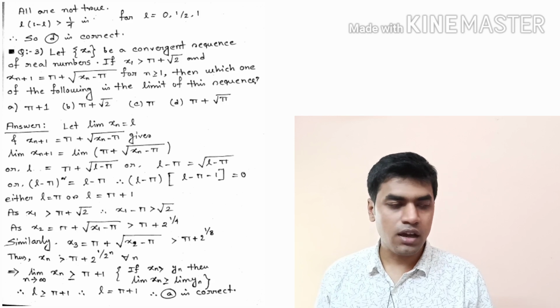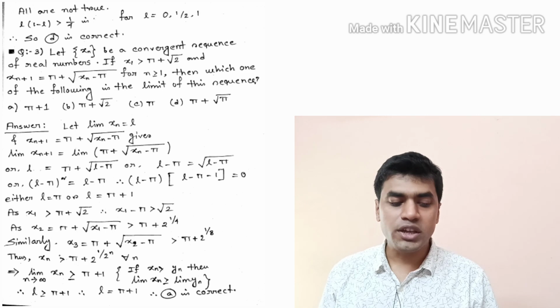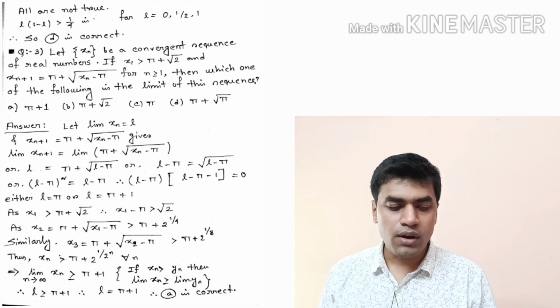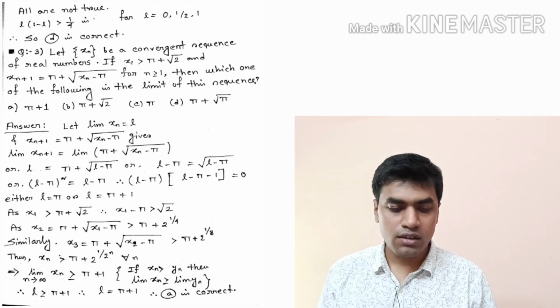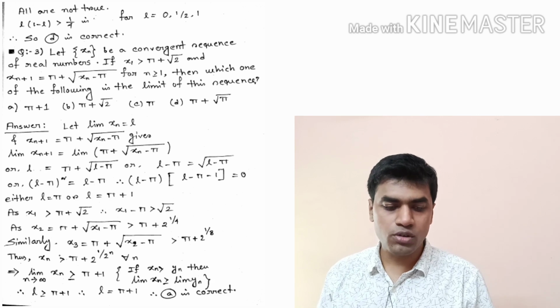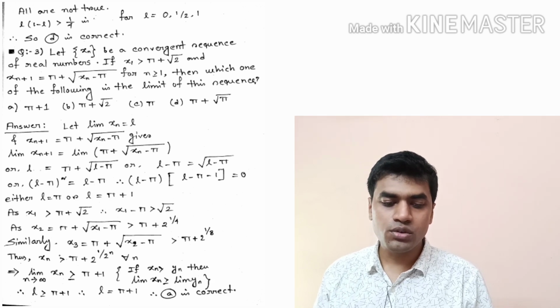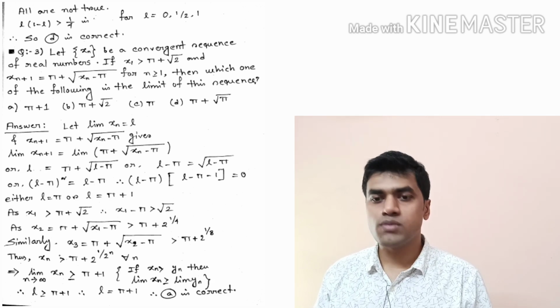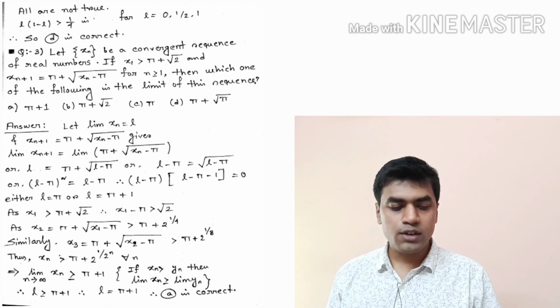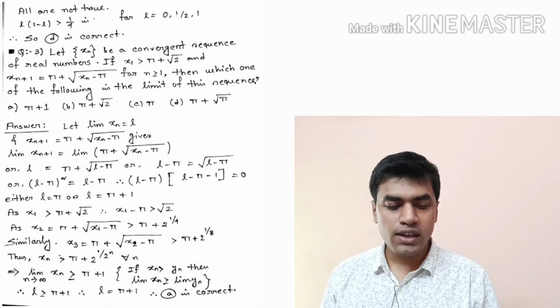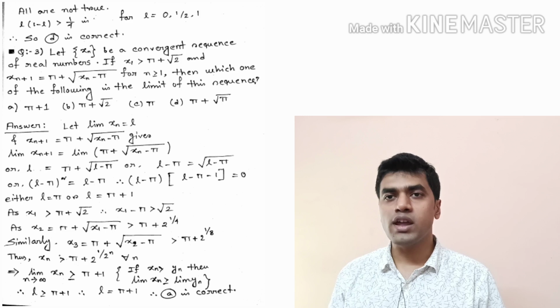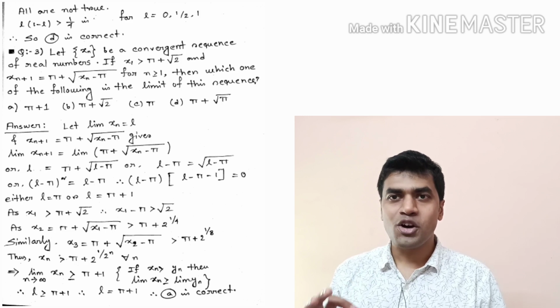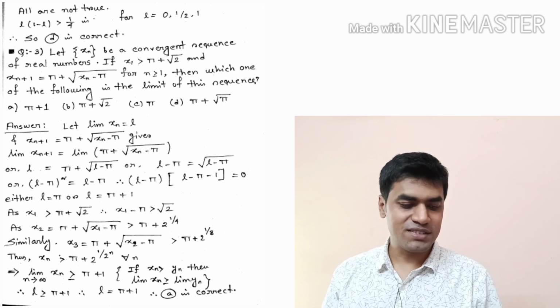We can get after the calculation, taking factor common L - pi, we would get (L - pi)(L - pi - 1) = 0. Therefore either L = pi or L = pi + 1. Now we will observe the possibilities.